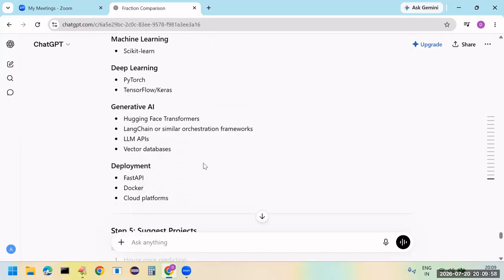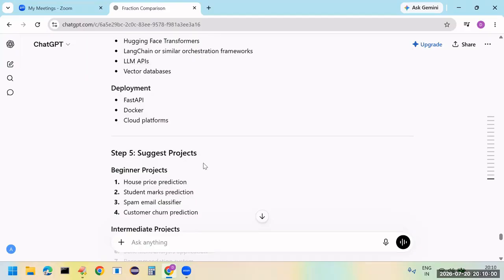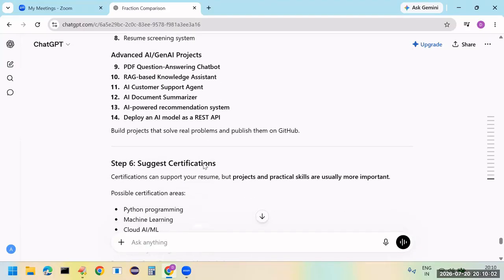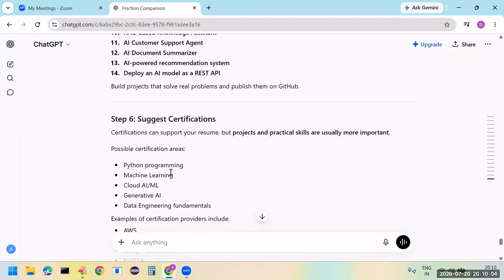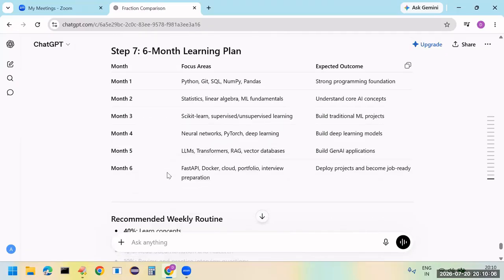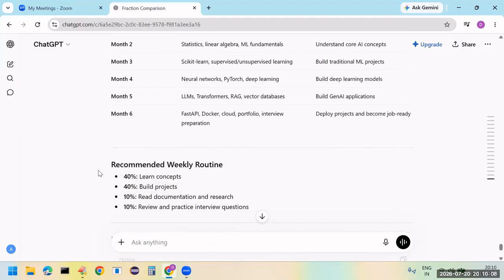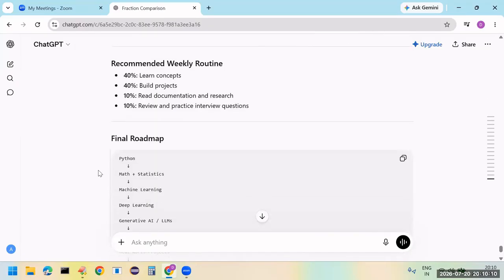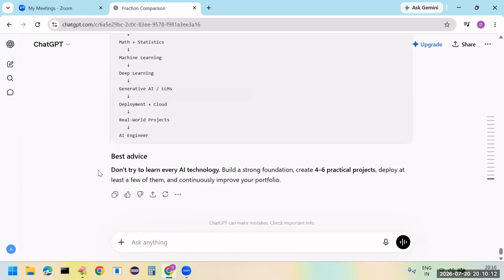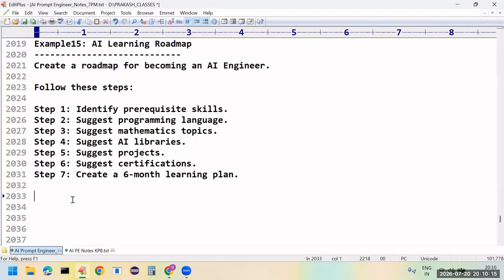Generative AI, deployment, suggest projects, certifications, 6 months learning plan. No one is going to guide you like this. Clear? Please confirm. Clear, friends?